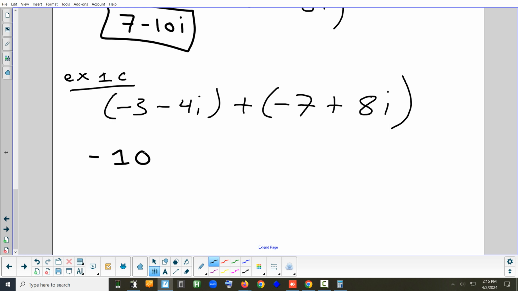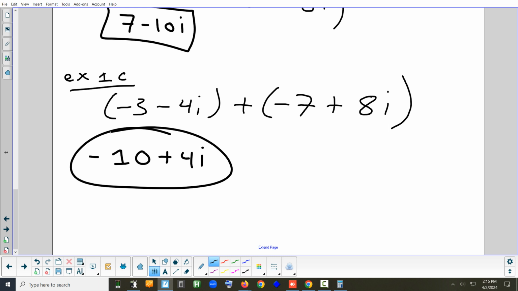So I'll try to make my 1s very clear. So negative 10. And what about the imaginary part? Plus 4i. Yep, negative 4i plus 8i. Negative 10 plus 4i. Okay. Any questions on that?